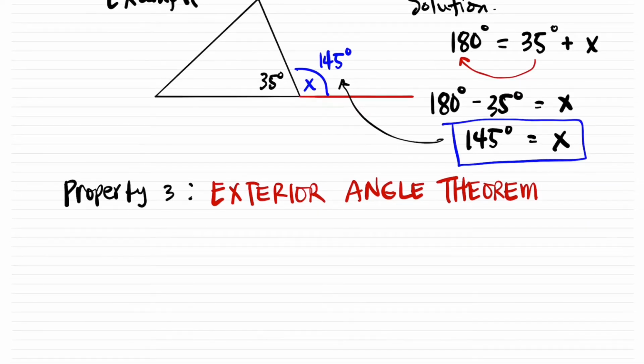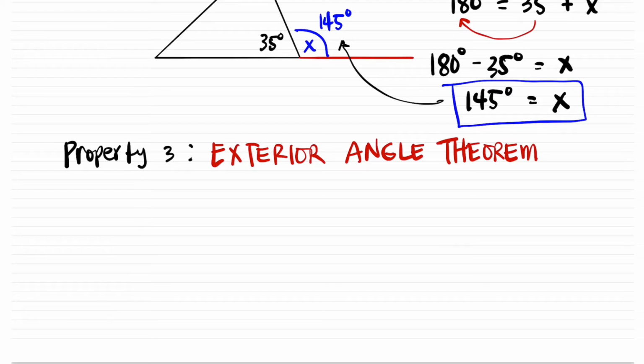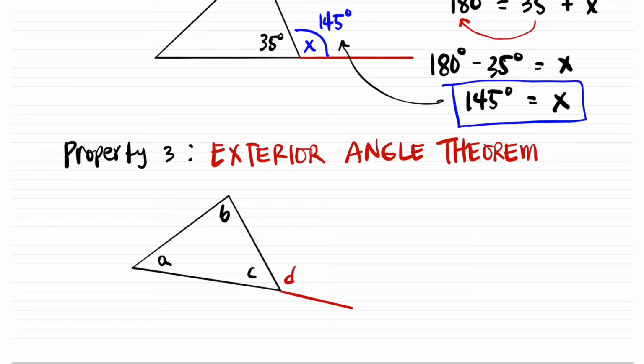Now, we have a triangle here. The side is being extended. Now we have here A, we have B, and we have C. And outside we have letter D.